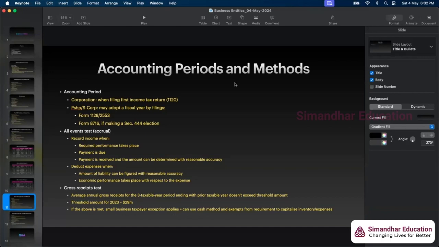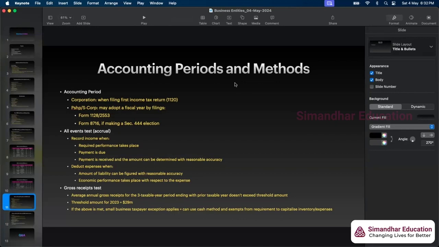Only at the end of the project, when the complete activity is completed and you pay out that entire amount for the contract, has the economic performance taken place and you can record that expense as part of your business.